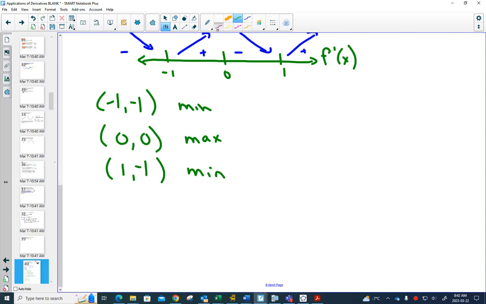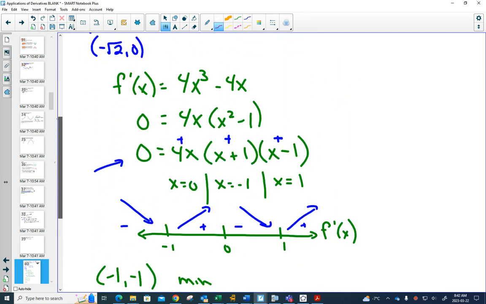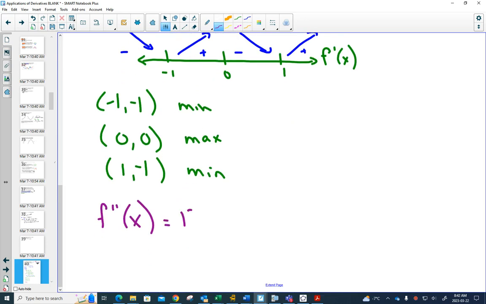Next, I'm going to switch to purple. My second derivative. To find our inflection points, we're going to use our second derivative. We'll get 12x squared minus 4. Set that equal to 0.